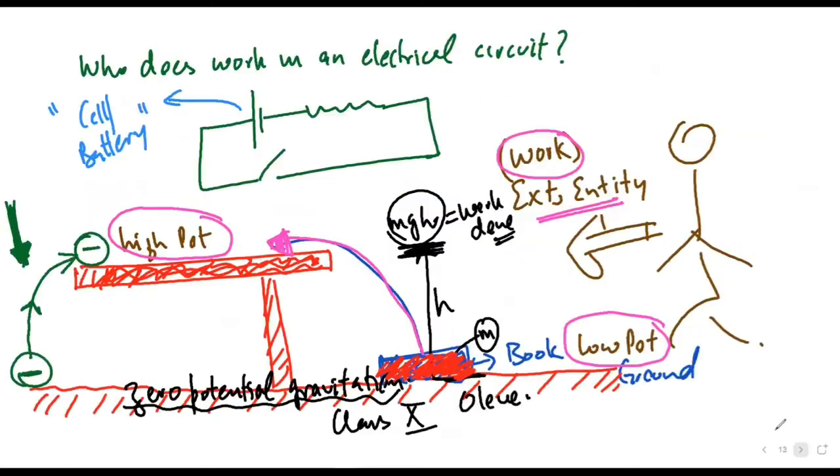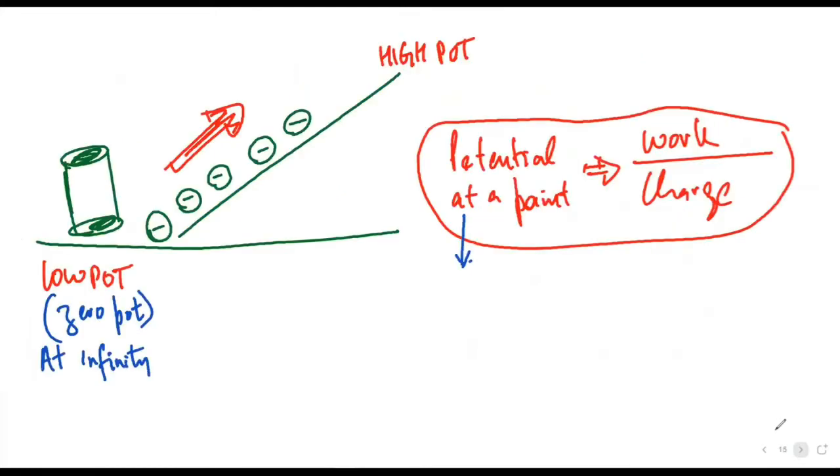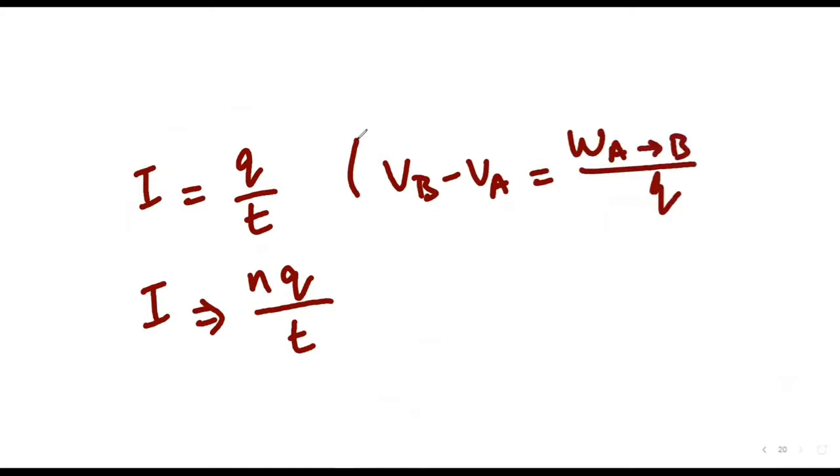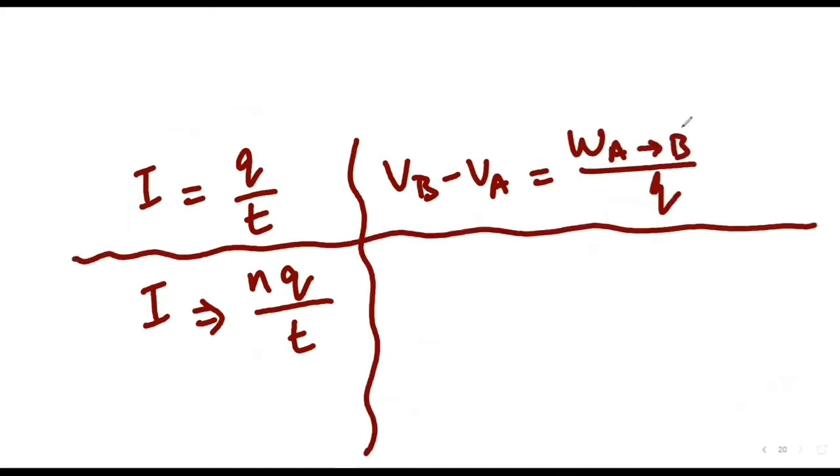We understood that work needs to be done on a charge to move it from lower potential to higher potential. The formulas were I = Q/T, I = nQ/T, and VB - VA, work done in moving charge from A to B per unit charge. Mr. Sibang, any doubt? No doubt.